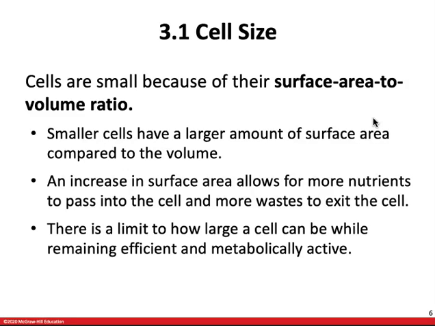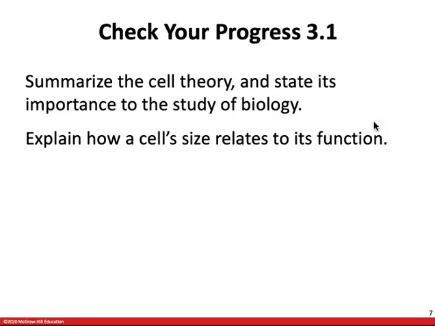With small cells, we have a larger surface area to volume ratio. This is going to be super advantageous for exchanging molecules. We have a much higher chocolate to peanut butter ratio, so we're going to have a much higher efficiency at transporting materials into and out of the cell.